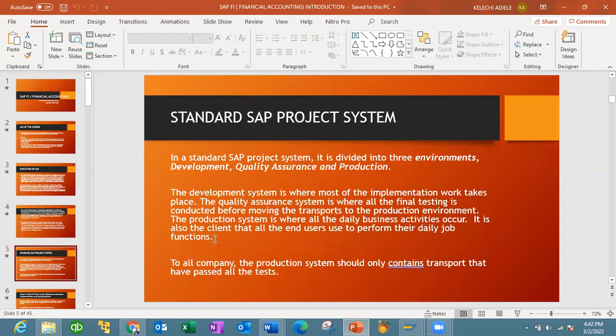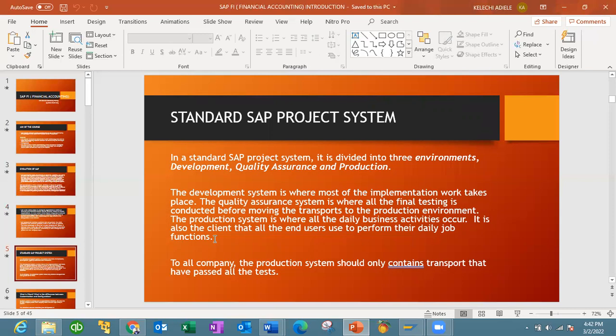Okay, so the standard SAP project system. What it means is that when you talk about SAP projects, it talks about a client who has an interest in using SAP, and what are the various layers, or the various systems in place before you can actually go live and start using SAP.